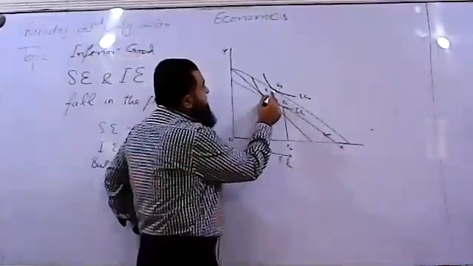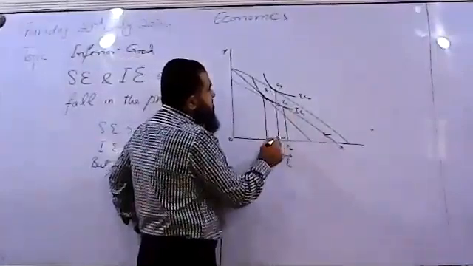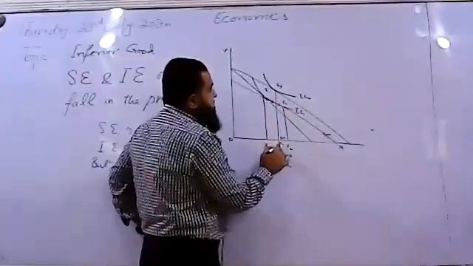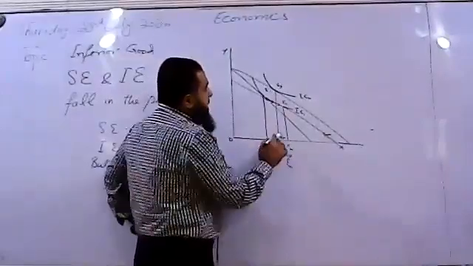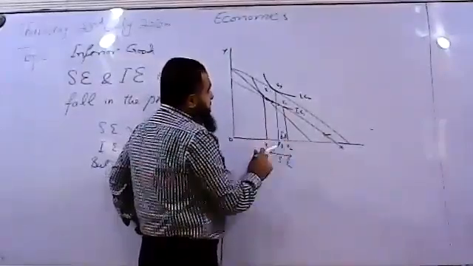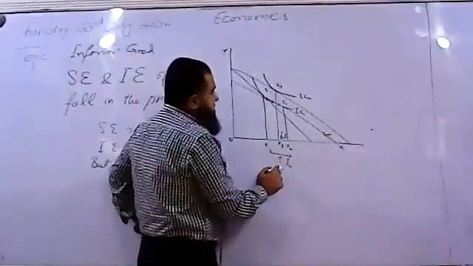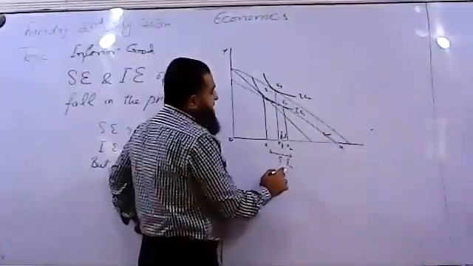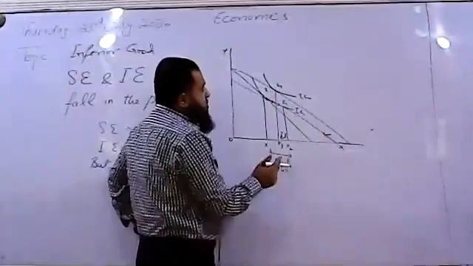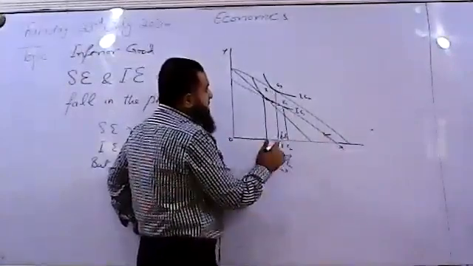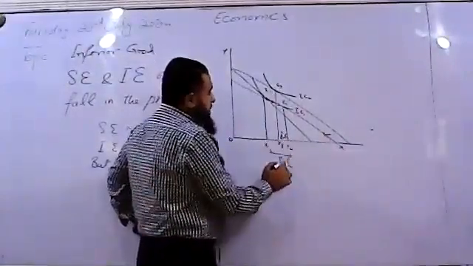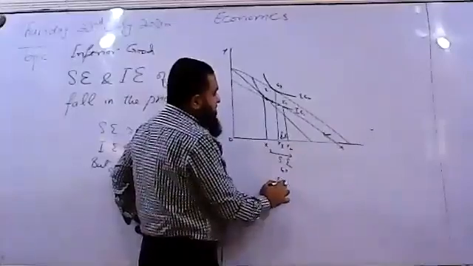But the income effect is here. This is X3. Now the substitution effect, you can say, is 4 units: it says increase consumption of this commodity by 4 units, but the income effect says buy less.